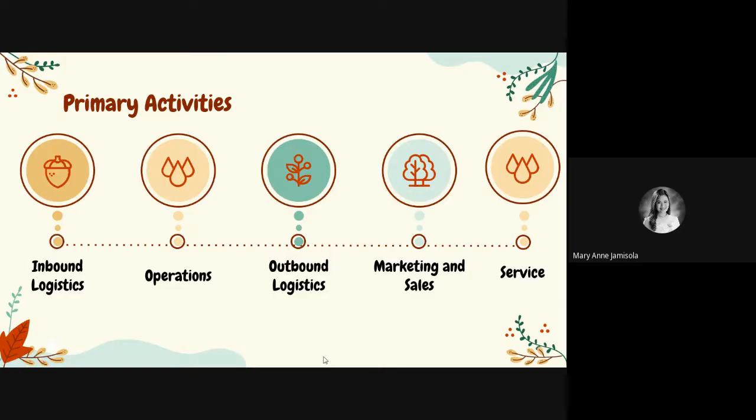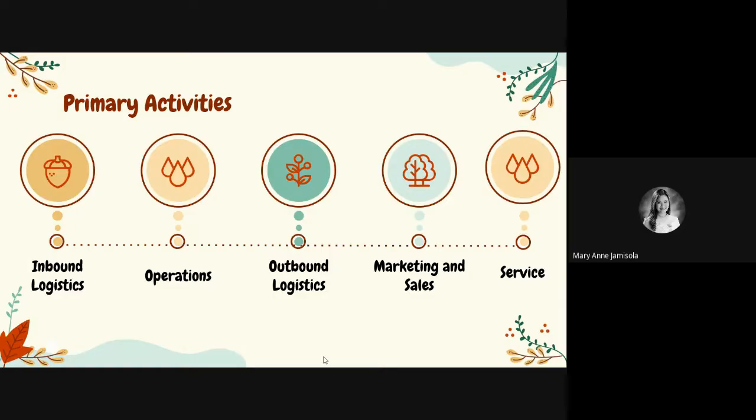Then, activities under outbound logistics. These activities involve collecting, storing, and distributing the products from the factory line to end customers. This may include finished goods warehousing, delivery vehicle operation, order processing, scheduling. Then for activities under marketing and sales.